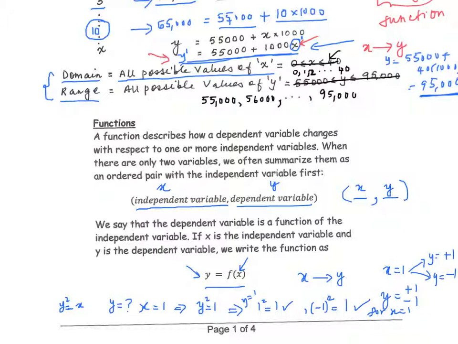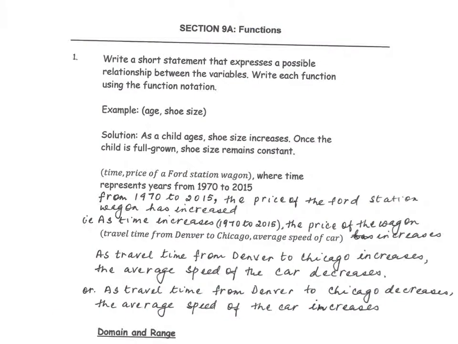So this is not a function, because for every x, we need exactly one y, and we found an example of where a particular x has two different values of y. So this is definitely not a function. And I think you get it.